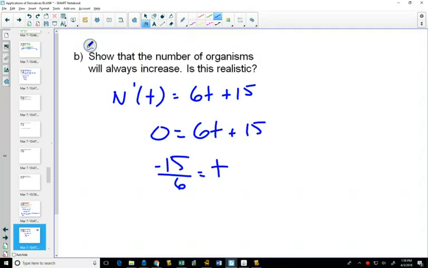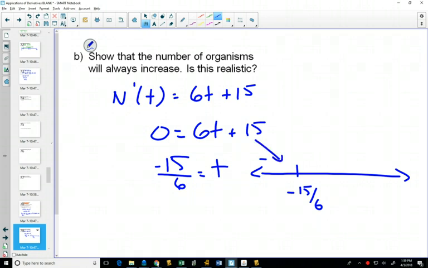And we get one value. Negative 15 over 6 is equal to t. So on our chart, we would have negative 15 over 6, or 2.5, as our time. And if you plug something in before negative 15 over 6, you will get a negative number. And if you plug in something after negative 15 over 6, you'll get a positive number.